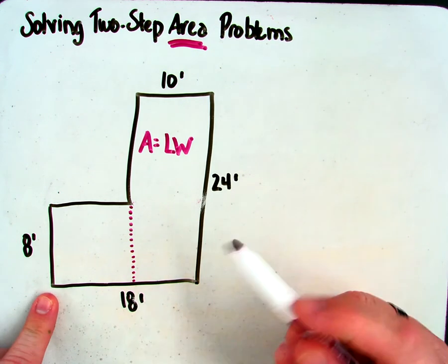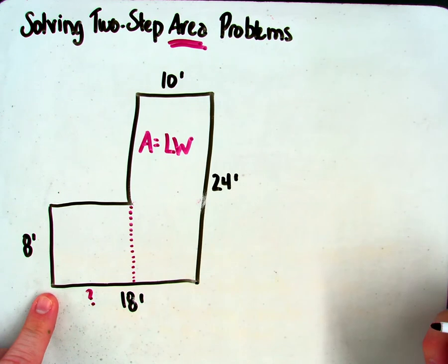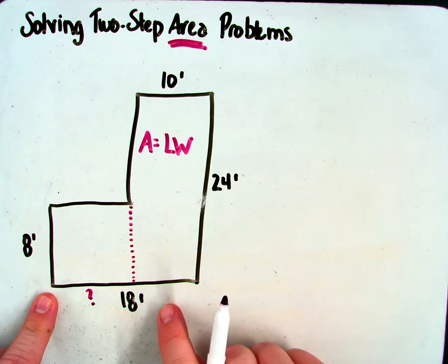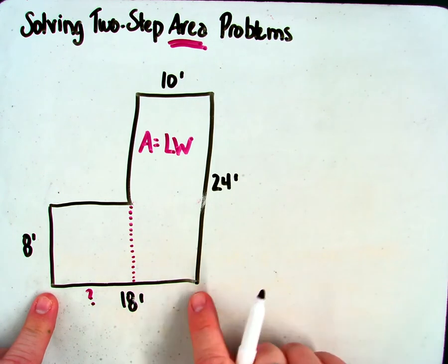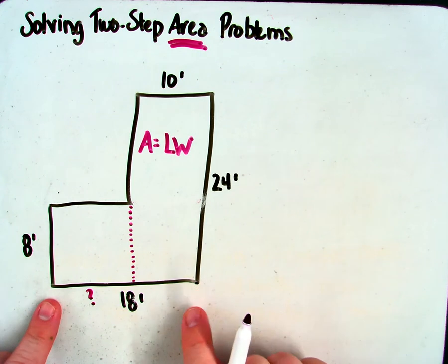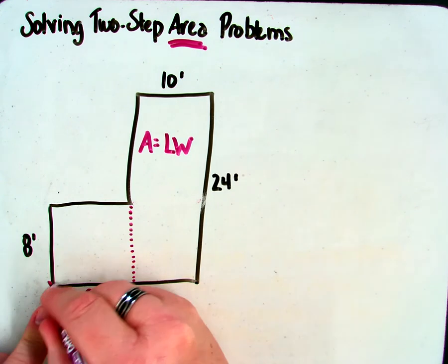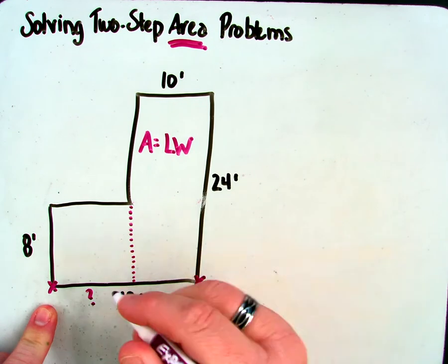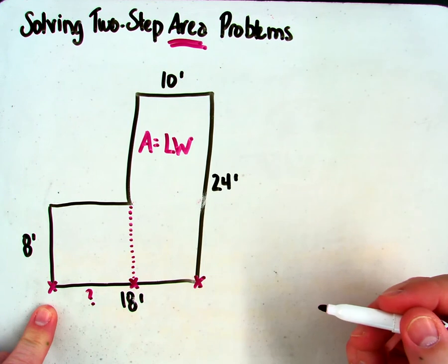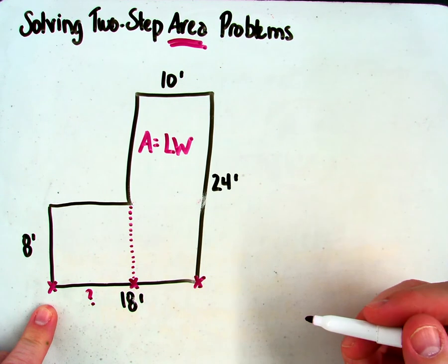So how are we going to find out this particular dimension? Well, it's not going to be divided by 2 because we're not aware that we're dividing this into half. Okay? Anyone else? If this is 18 feet from this point to this point, do we know the measurement from this point to this point? We do. Why do we know?